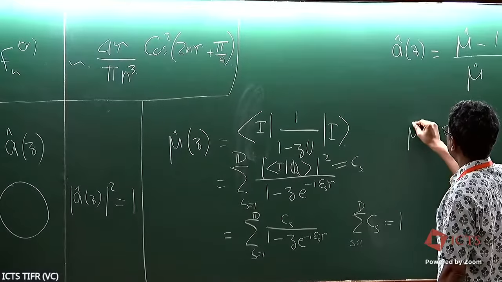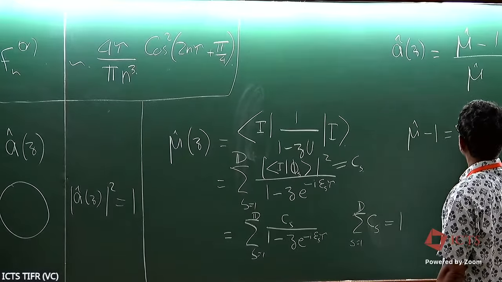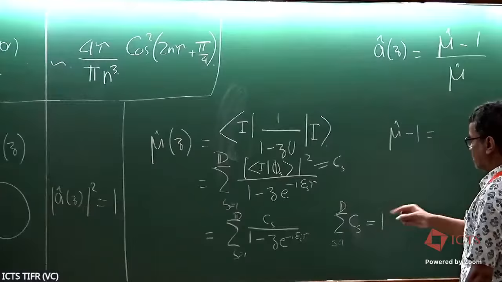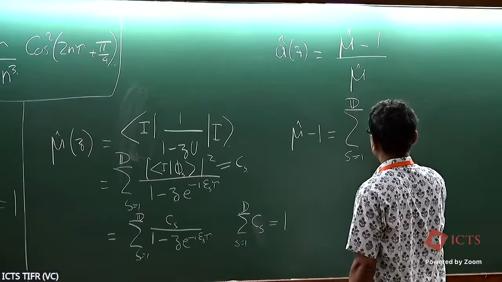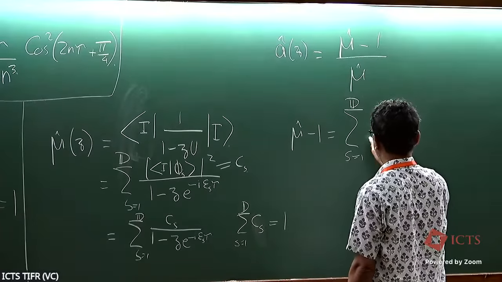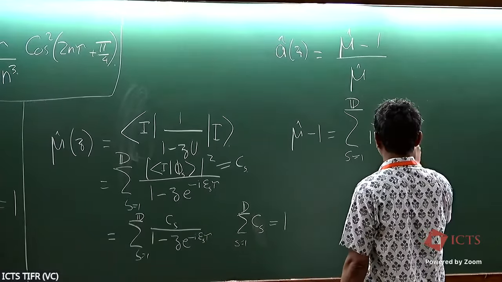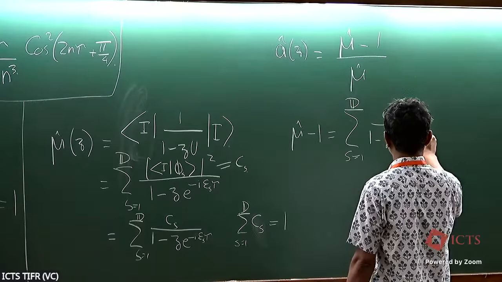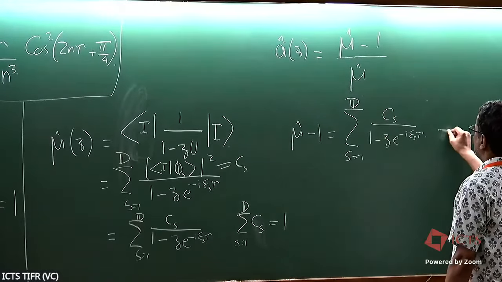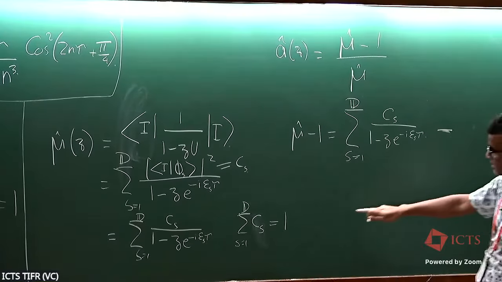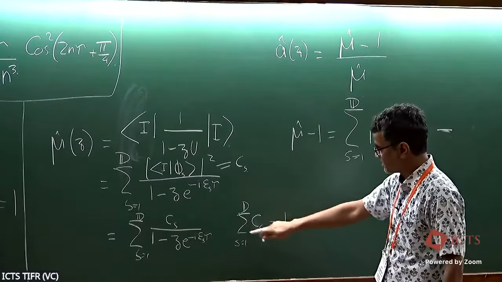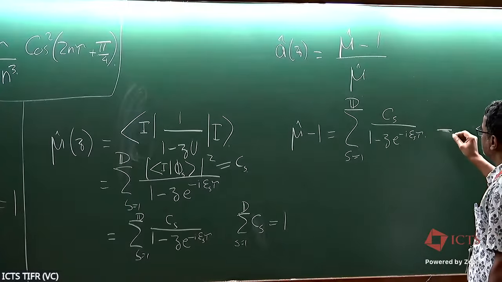So mu at minus 1 is... minus 1, but the 1 I'll replace by this object. Then this becomes minus CS.